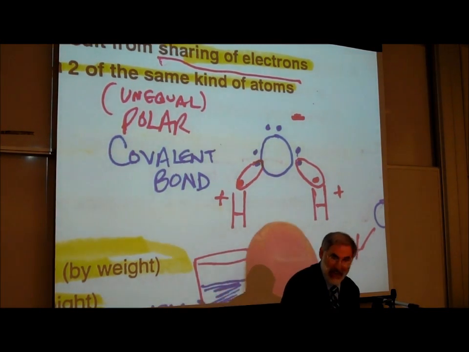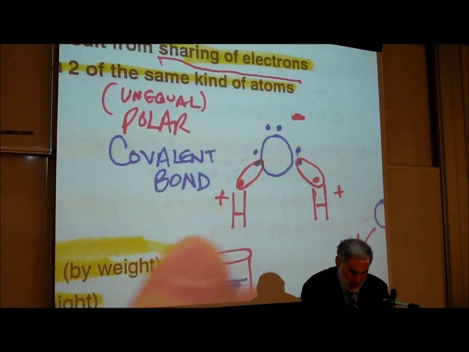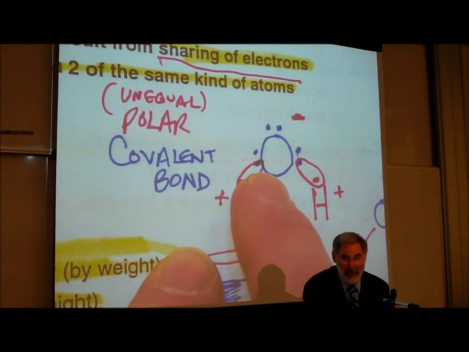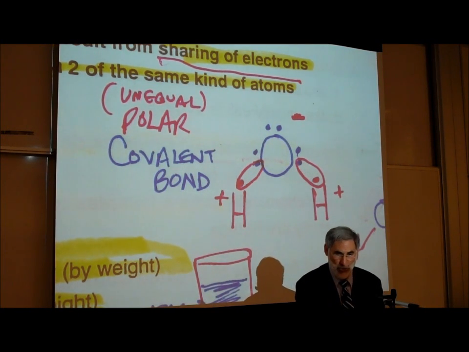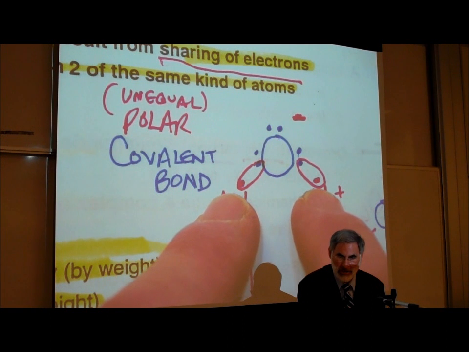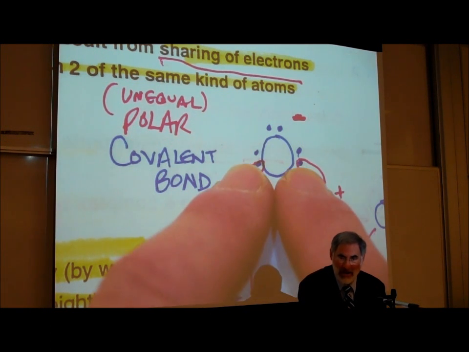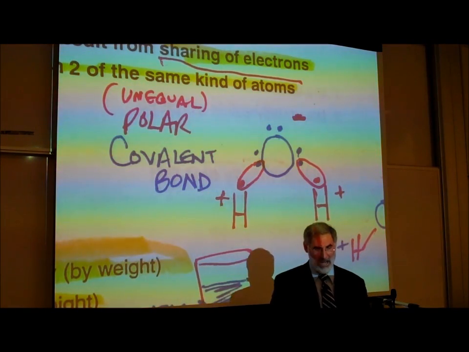Does everybody follow? Then oxygen is happy. And then the hydrogen needs 1 more. It's got 1, and it would like to grab that blue one, so it would have 2 electrons, which fills that first orbit. So these 2 hydrogens could share their 1 lone electron with the oxygen atom, and oxygen would share 2 of its electrons with the hydrogen.